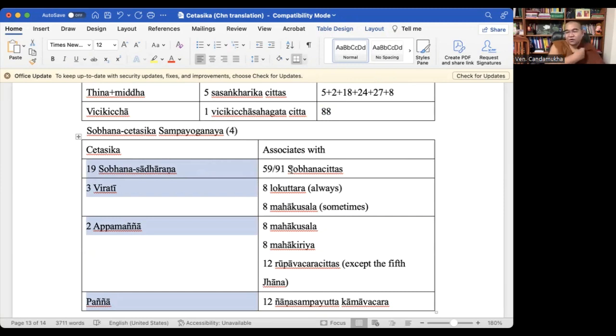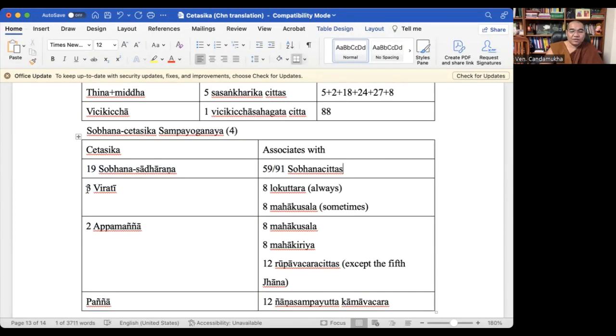All of them are collectively called Sobhana Citta. In brief, it is 59; in detail, it is 91 Sobhana Cittas. So that is one Sampayoga method.